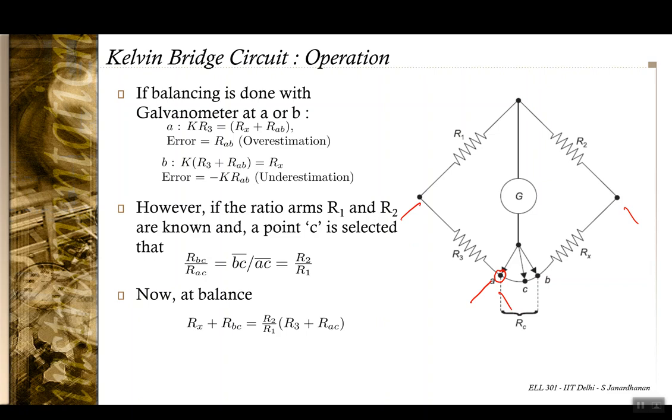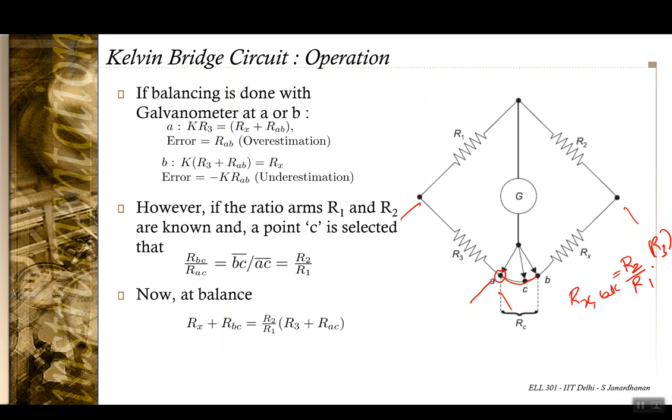If you have not taken into consideration the resistance of this connecting lead, you would take the calculated value of Rx as R2 by R1 times R3.